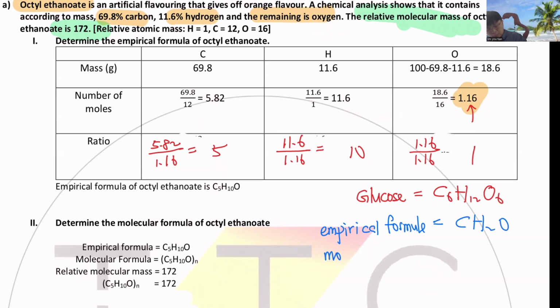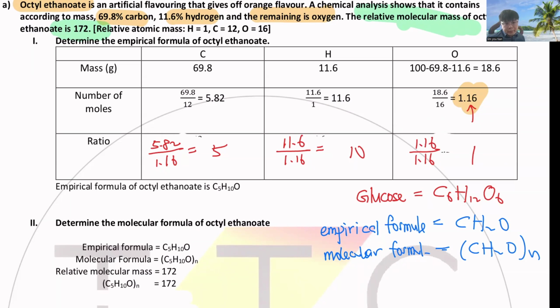So when I don't know the molecular formula, I put in CH2O bracket N. Bracket N means something that I don't know the actual number. But from here, N equals 6, because 6 times 1 is 6, then 6 times 2 is 12, 6 times 1 is 6, then you get back your C6H12O6.